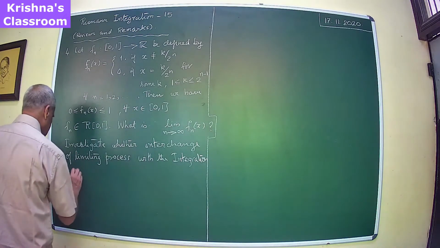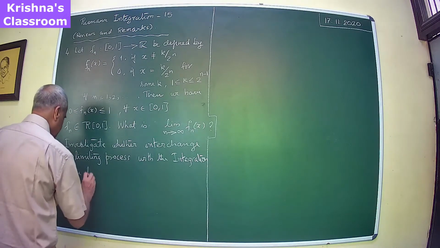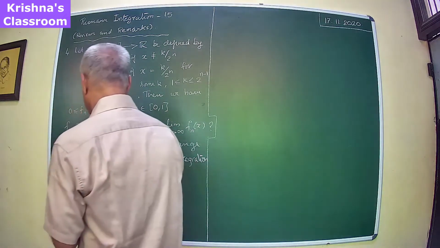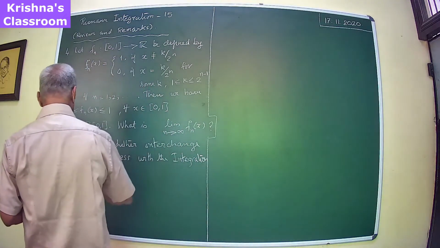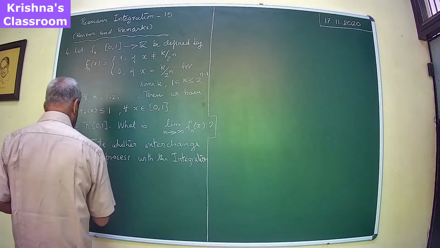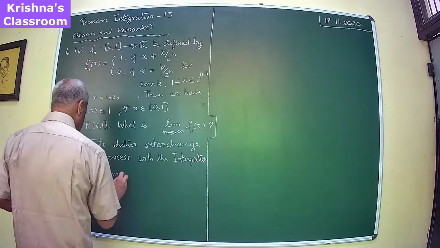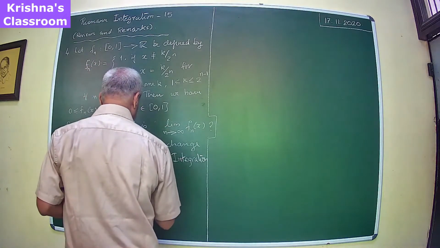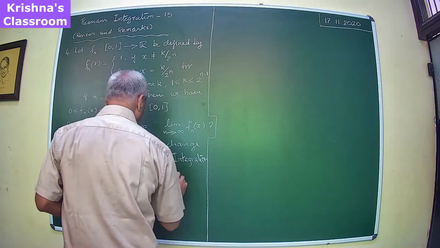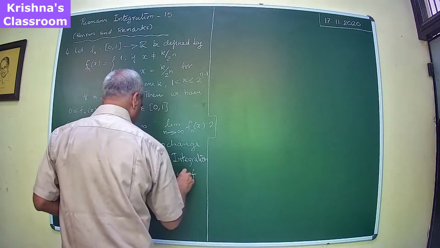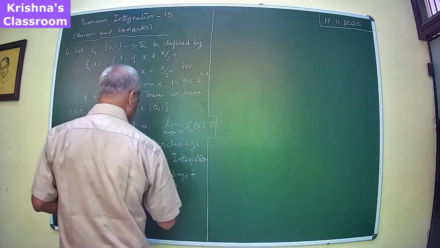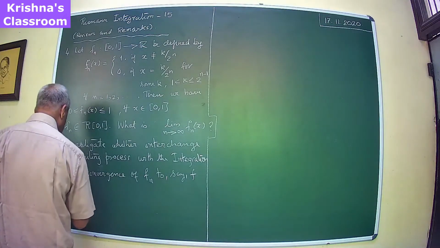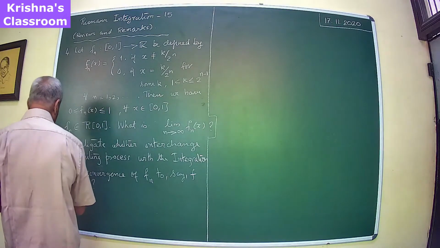Is the limit F, and is the convergence to the limit F uniform? All these I need you to investigate.